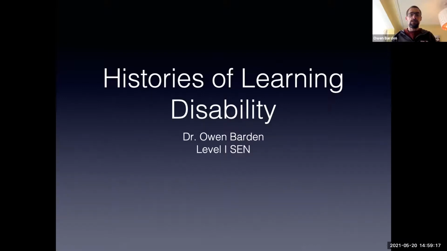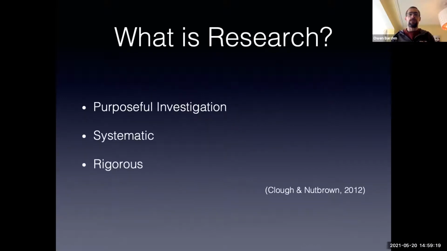So we'll begin just with some consideration of what we're talking about when we talk about research. When you look at research methods textbooks and definitions, these are the sorts of words that you see. Research is a purposeful investigation or some sort of inquiry.